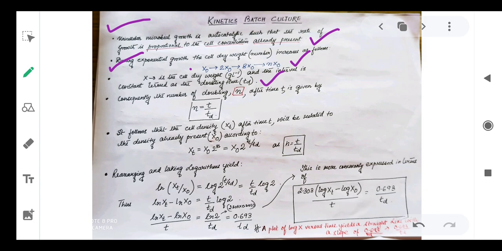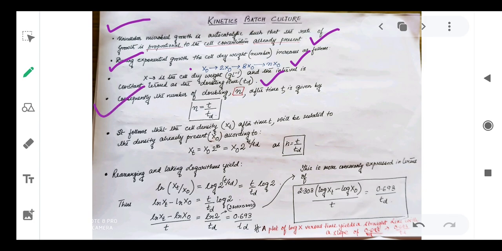Because at each particular time, one cell doubles into 2. So that is why the time is called doubling time, right? We can also call it generation time, that is the time taken by the organism to move from one generation to another.